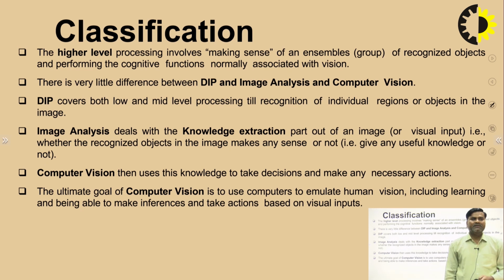Image analysis deals with knowledge extraction, and computer vision uses the knowledge to take decisions. The ultimate goal of computer vision is to use computers to make inferences and take actions.